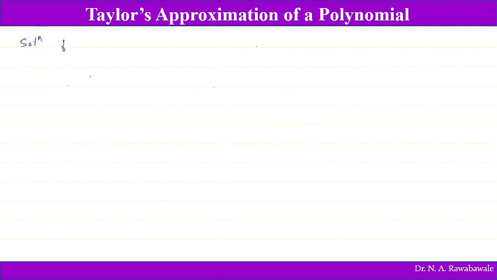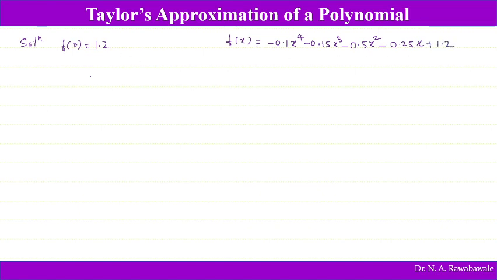We know f of 0 is equal to 1.2 because we know this function f of x is equal to minus 0.1 x to the power of 4 minus 0.15 x to the power of 3 minus 0.5 x square minus 0.25 x plus 1.2.